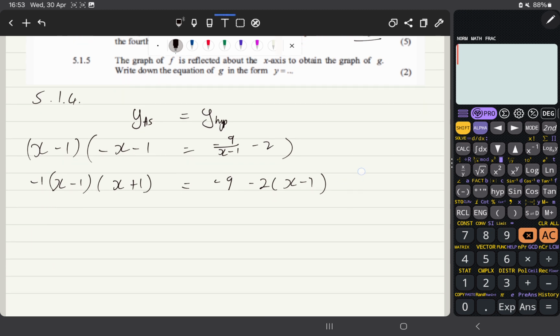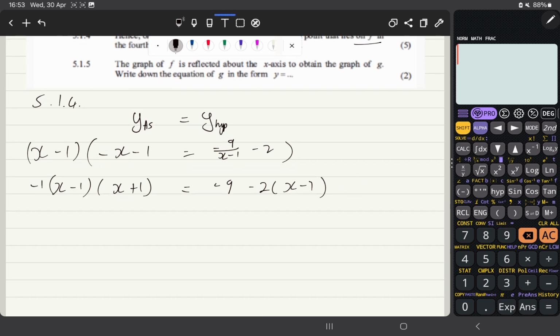All right, cool stuff. So if I look inside, that is a difference of two squares. So I have minus 1, I'm going to have x squared minus 1, and I'm going to have minus 9, that is minus 2x plus 14. So everything is just flowing nicely. So I'm going to take everything to this side, that means this is going to be positive.